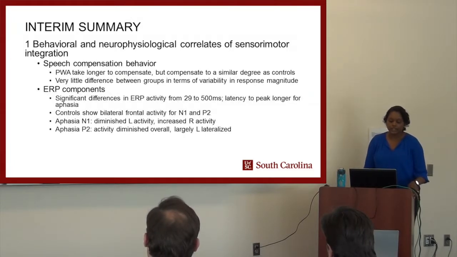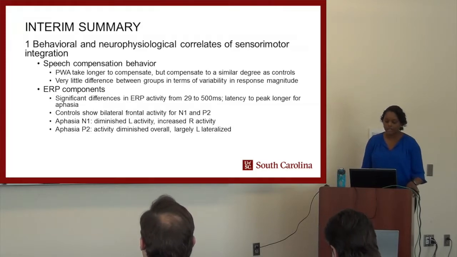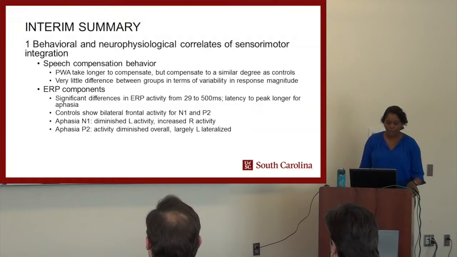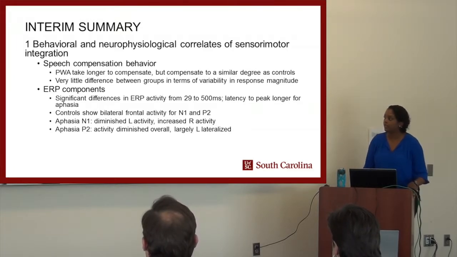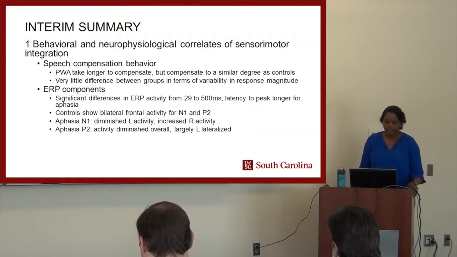In terms of the ERP components, we saw significant differences in activity essentially across the whole time range, and the latency to the peak was longer for the aphasia group. We see that frontal bilateral distribution of activity in the control group for both components, but for the aphasia group, there was diminished activity overall.